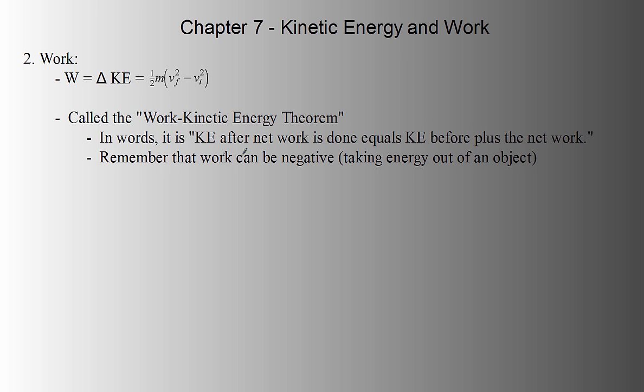In that case, negative work would have been done. Energy would have been taken out of the object. So we're going to use this a lot. In fact, this is going to be also used in addition to potential energy, which we'll introduce next chapter, chapter 8. But we're going to use this a lot. Work is the change in kinetic energy. Very powerful statement.